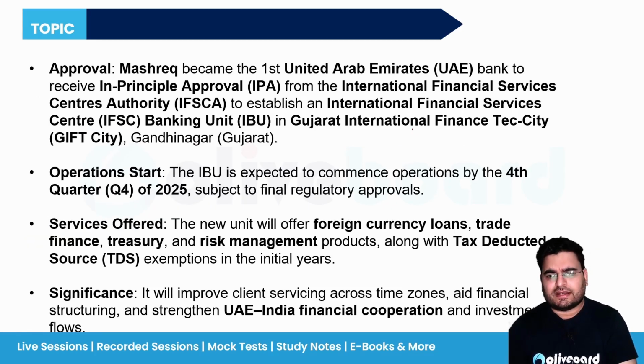IBU means International Banking Unit, an International Financial Centre Banking Unit, which is located in GIFT City of Gandhinagar, Gujarat. What are the keywords you have to remember? First of all, Mashreq. It is a bank of which country?